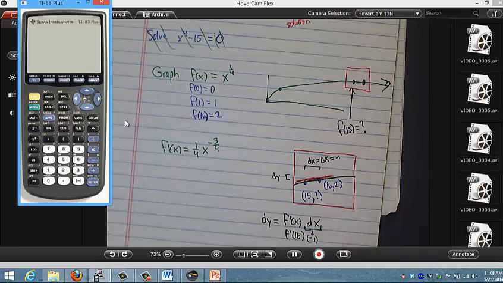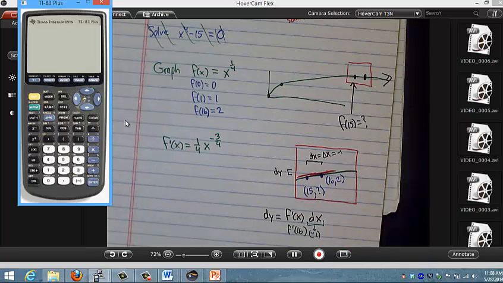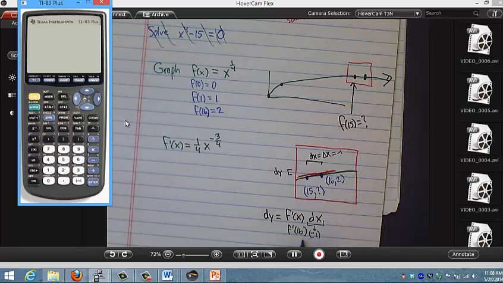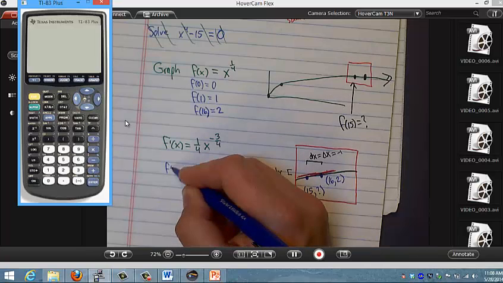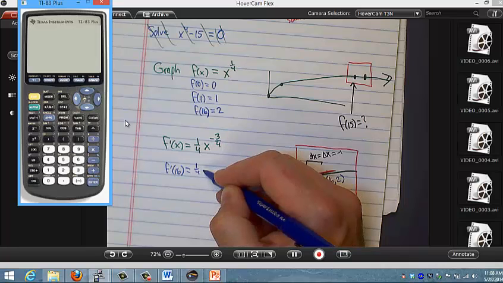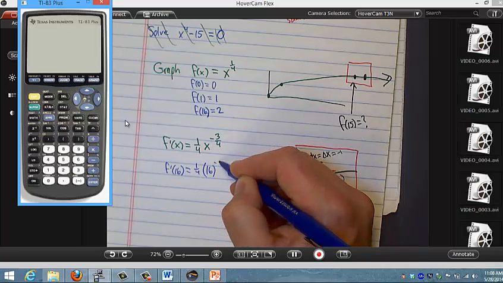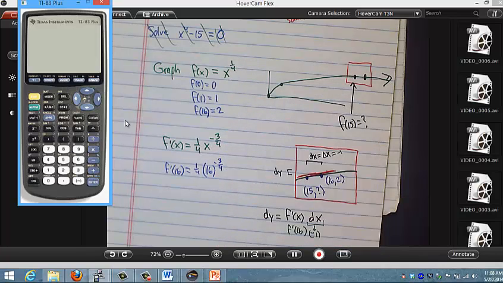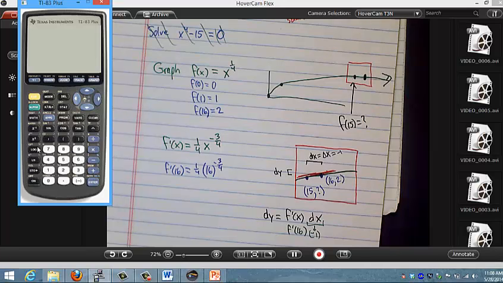So dy, according to my computation, oh, I've got to get f prime of 16. f prime of 16 would be 1/4 times 16 to the -3/4 power. Use a calculator.